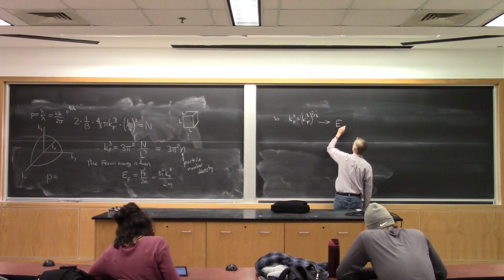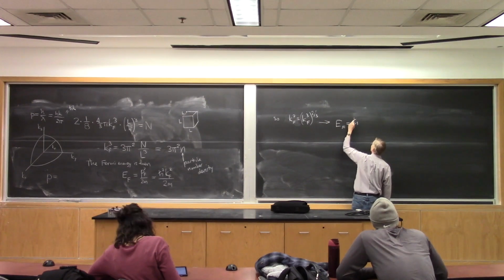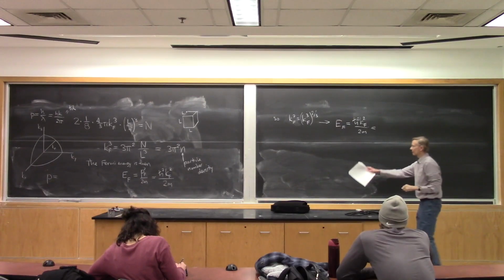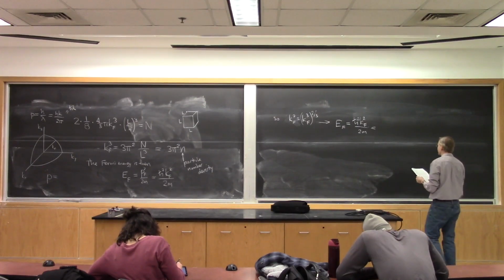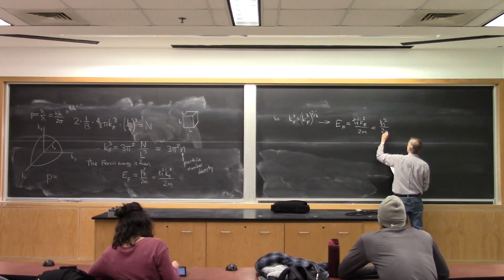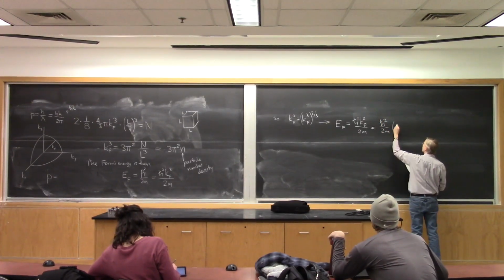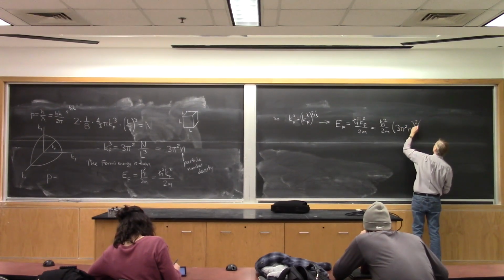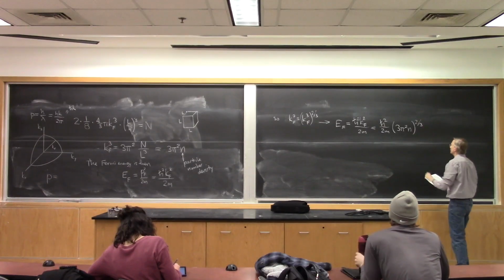So E Fermi, which again is h bar squared k Fermi squared over 2m. Well, I just put my expression over there to the 2/3 power, and I get h bar squared over 2m times 3 pi squared n to the 2/3 power.